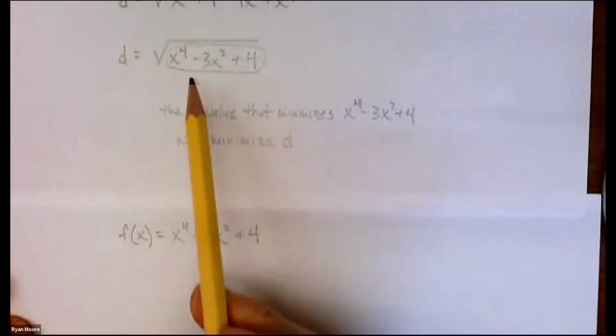Now, why would we ignore the root? Because we have to take a derivative, and I would much rather take a derivative of just this than do the chain rule. I could do the chain rule, but we got to set this equal to 0 and solve and stuff. This is going to make things a little bit faster for us. And we're going to realize the same x value that way.